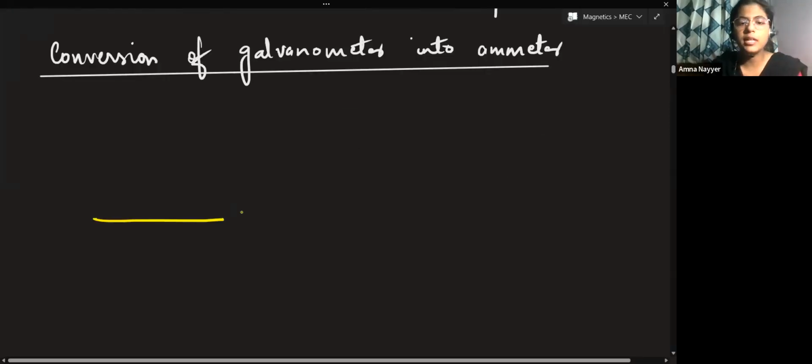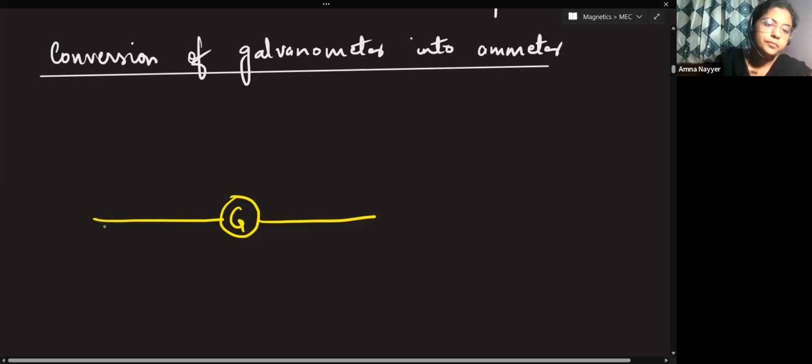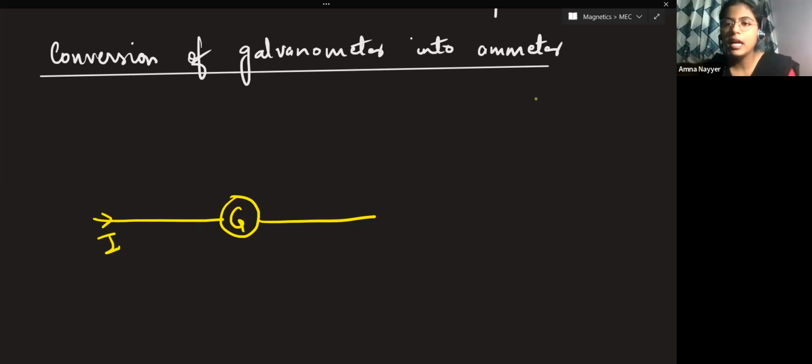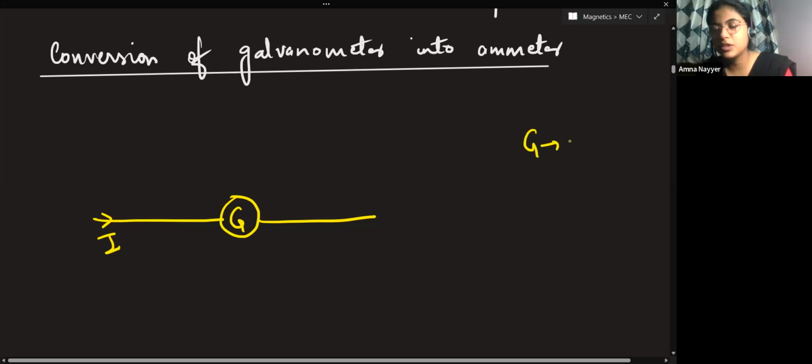Let's say you have a galvanometer with you. Current I is coming. I is the current of the circuit, and the resistance of this galvanometer is G. G is the resistance of the galvanometer.